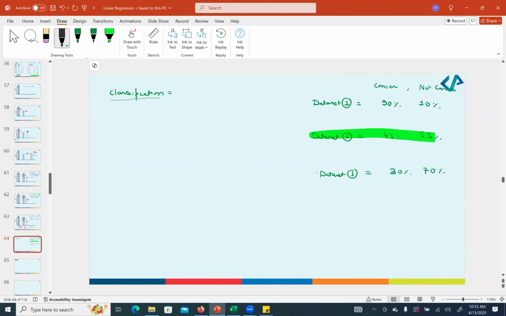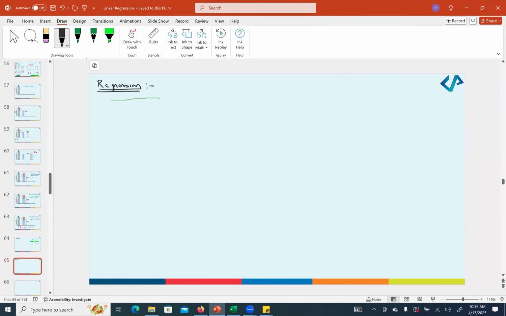From an accuracy perspective, I would talk about minimum accuracy. In regression, in general, we don't talk in terms of accuracy. We talk in terms of error. What is the maximum error that I can get in case of regression?